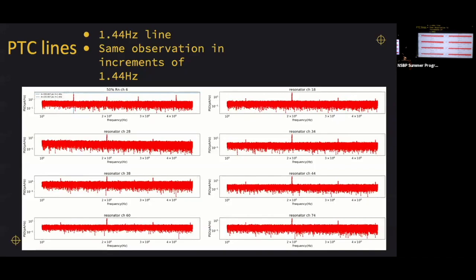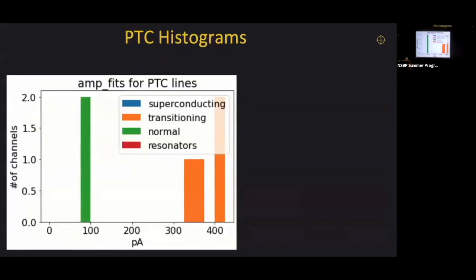You have the amplitude and the frequency, so it shows you the frequency and the amplitude of the sine wave at that point. From there, I plotted a histogram of the amplitude that the algorithm picked up. As you can see, we didn't get anything in the resonators. We got pickup in the superconducting and the normal detectors.